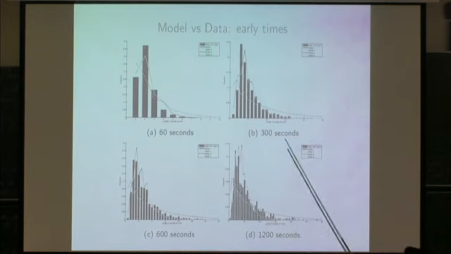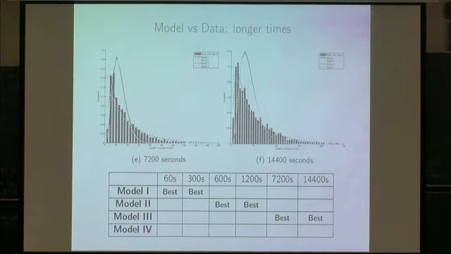And the models with the constant probability of aggregation fail totally. However, when we look at the distribution of length at 2 and 4 hours, we have a switch. Now the models with a constant probability of aggregation really represent the data.